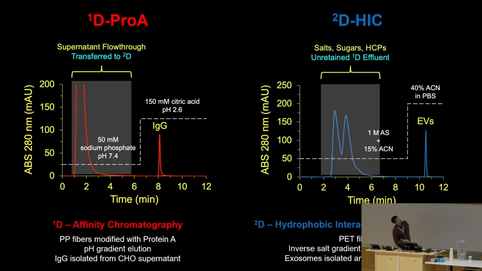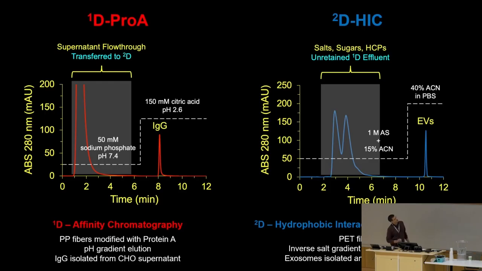What our 2D HIC chromatogram looks like, there's multiple peaks here. That just signifies the various valve switches and transfers to the second dimension. That's all supernatant flow through from here. And so the supernatant transferred over, this is all one unretained 1D effluent with 1 molar ammonium sulfate and 15% ACN.